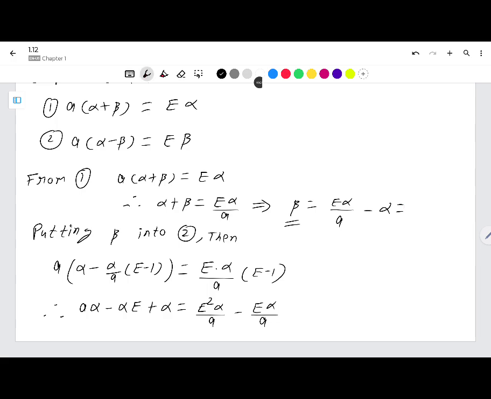If I take alpha outside, it will be E by A minus 1, sorry for this.